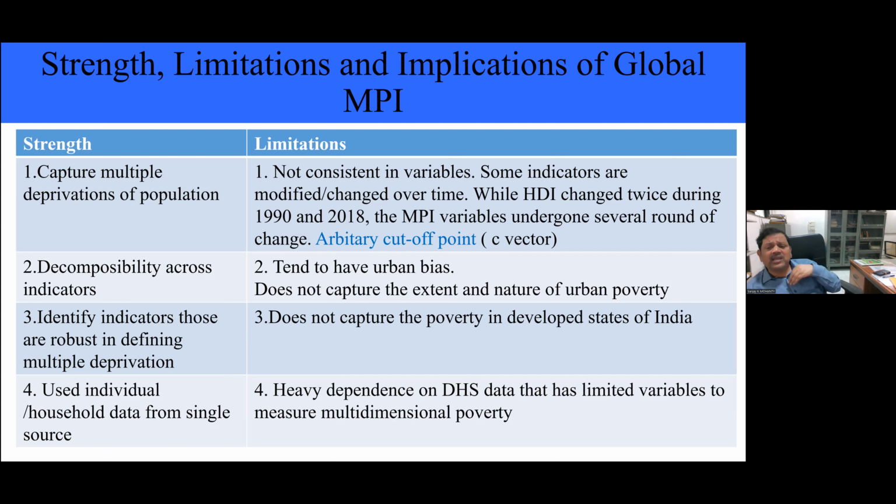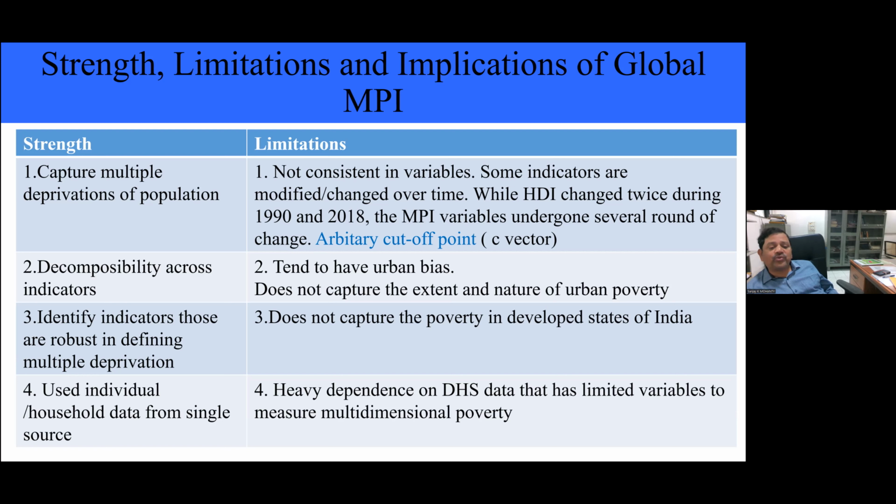While the indicator has the advantage of decomposition across indicators, you are able to see what is contributing more to the extent of multidimensional poverty. That gives a good policy message, where we are moving faster and where we are moving slower, and it has implications for resource allocations and in terms of its utility.